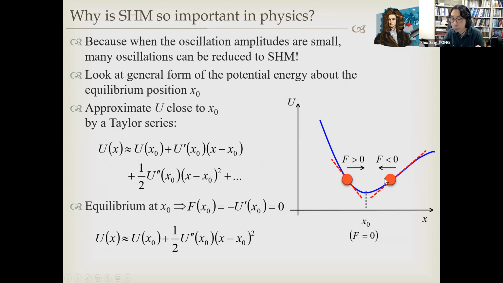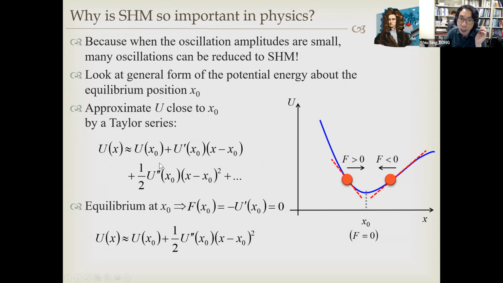The force will try to pull it back to the equilibrium position. So if you displace the object to either side and release it, it will oscillate back and forth about the equilibrium position. That results in a simple harmonic motion if the amplitude is small enough. Okay, so we are going to solve this problem.